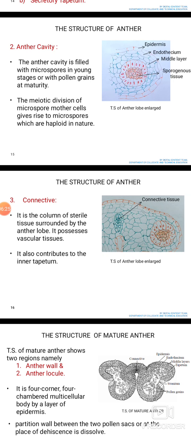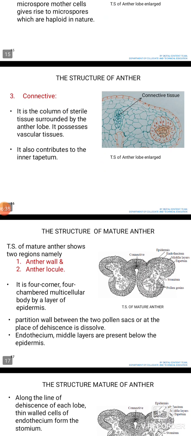A mature anther. Coming to the mature anther, the transverse section shows two regions, the anther walls and the anther locules. It is a four-cornered, four-chambered, multicellular body covered by a layer of epidermis. Partition wall between the two pollen sacs at the place of dehiscence is dissolved.